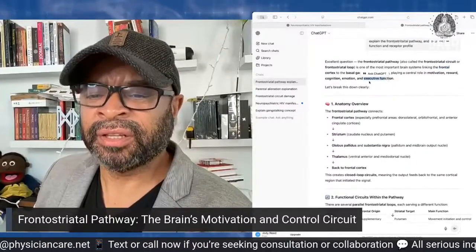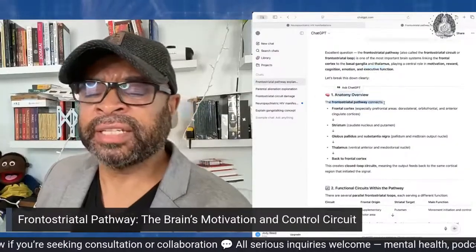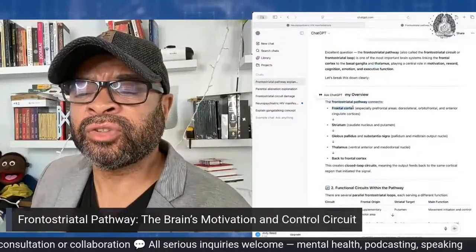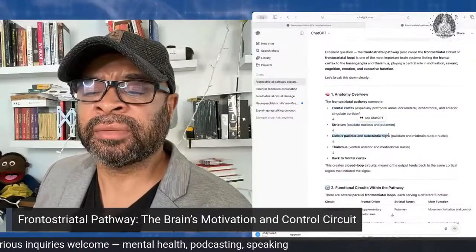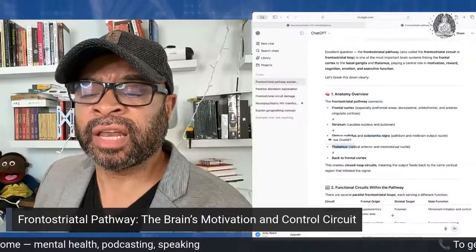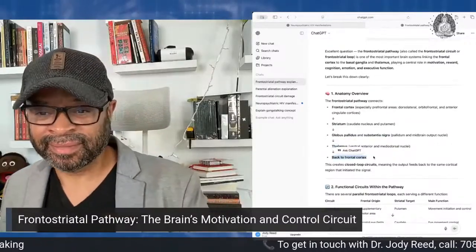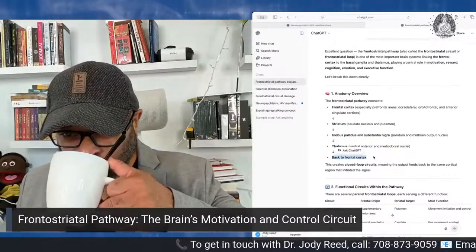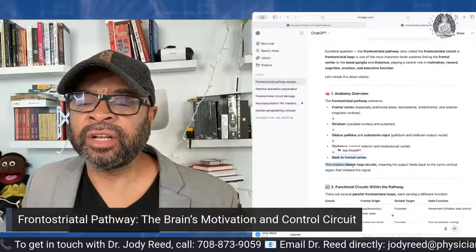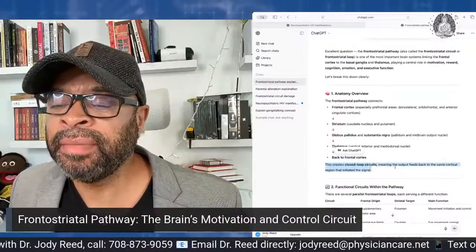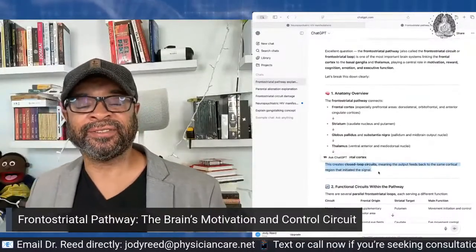Let's break it down. For the anatomy, the frontostriatal pathway connects the frontal cortex to the striatum, to the globus pallidus and the substantia nigra, to the thalamus, and then back to the frontal cortex. This creates a closed loop circuit, meaning the output feeds back to the same cortical regions that initiate the signal.